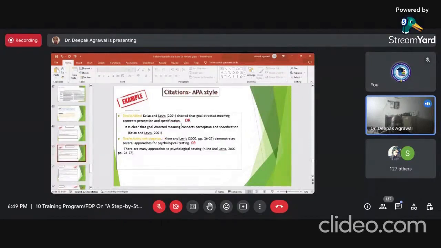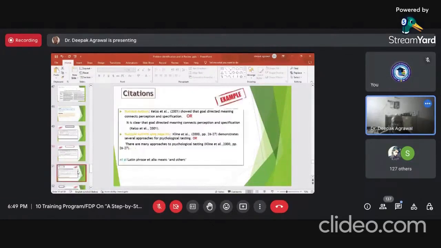This is in case of two authors: first author surname, second author surname, and then in brackets the year of publication. Again, the same thing, you can also include the page numbers, pp. It can be at the start of the sentence or at the end of the sentence. In case of multiple authors, if it is more than two, you can use the words et al. Et al. means 'and others'. It is from the Latin et alia, which means and others.